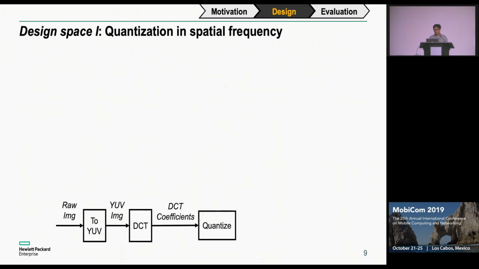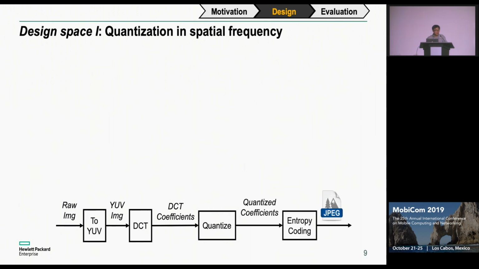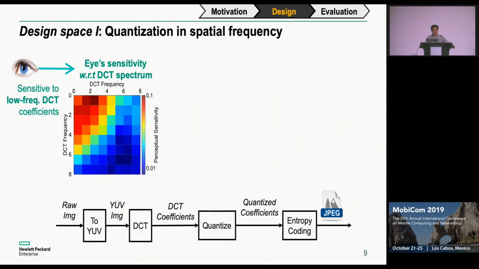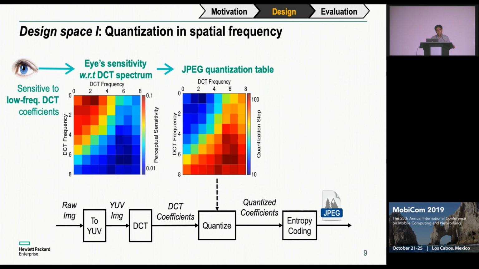The next step is to quantize DCT coefficients with a quantization table, followed by entropy encoding. Since human eyes are sensitive to low-frequency DCT coefficients, the existing technique modeled the eye's sensitivity with respect to DCT spectrums, and then designed the quantization table from there. But because DNN has a different sensitivity, this requires a different quantization table.